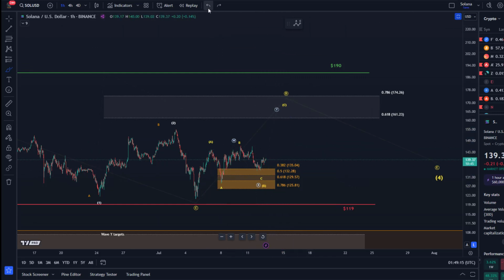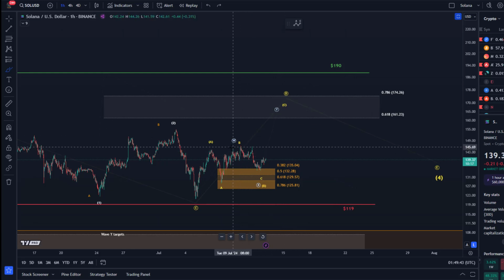That's why I said the yellow count could be an ABC structure. The exact micro count is not so important, but as long as 125.81 is holding, we can watch for the C wave potentially. Important would be a break above the last high at around 146.20, the high from Thursday, to indicate that the wave C has started.